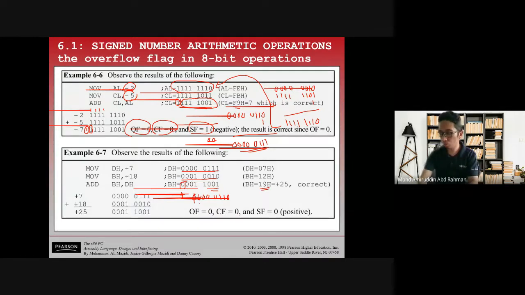Then it becomes 0, 2 to the 6, and then you add 1 to that.